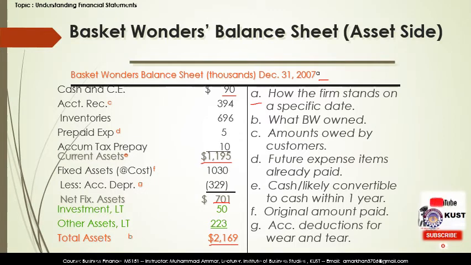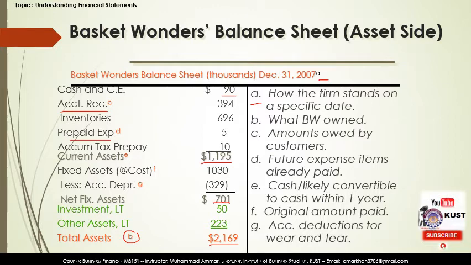B stands for Basket Wonders, and B means the overall total assets. C tells us about amounts owed by the customers, and you know that this is accounts receivable, owed by the customers. D, future expense items already paid, that is the prepaid expenses, which you see is $5.